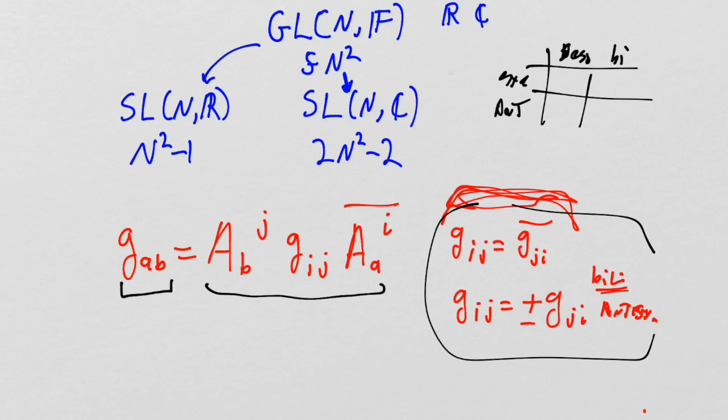But these symmetry properties connect AB with BA. So let's just consider the circumstance where A is greater than B, because when A is less than B, we just use the symmetry property to flip them around. So we get one constraint for every circumstance where A is greater than B.